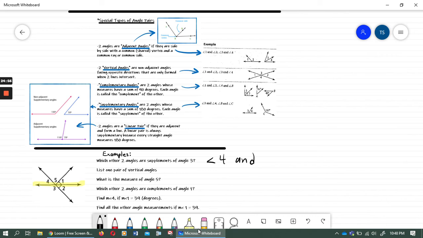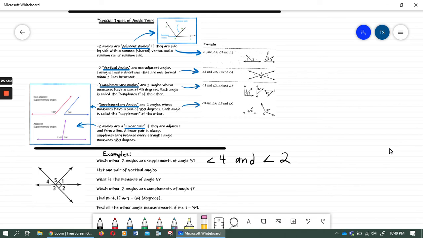And again, guys, if you're looking at angle 3 and angle 2, or angle 3 and angle 4, the reason why I highlighted that line is because they form a linear pair. When they form a line like that, a linear pair is always supplementary. So angle 2 is also a supplement of angle 3. I'm going to erase that line again now.